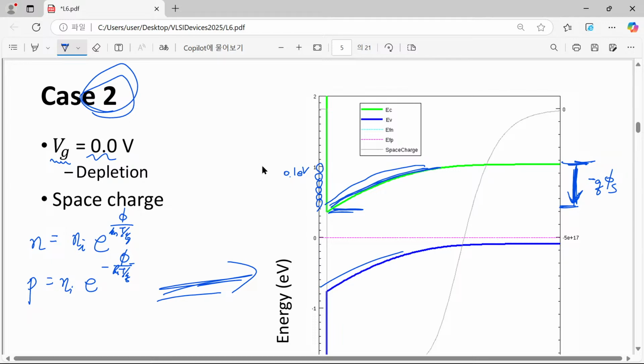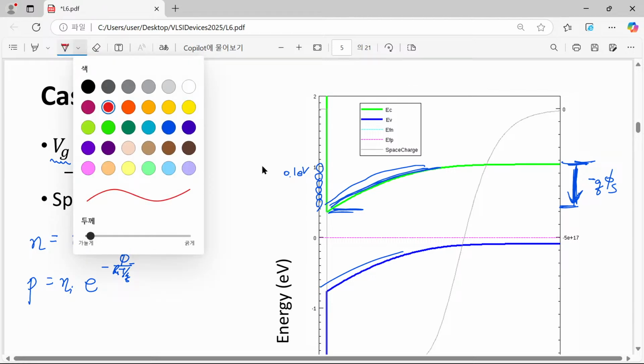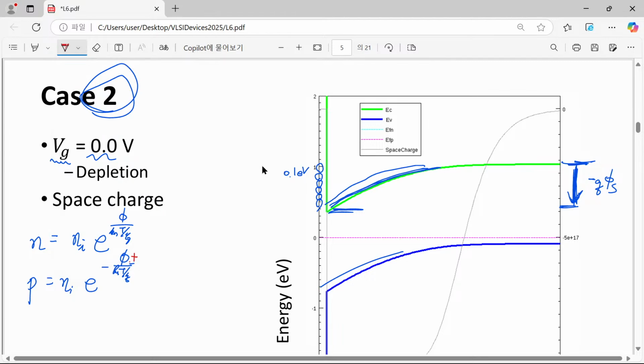So when you introduce additional voltage into your system, let's say that potential is slightly deviated by an amount of delta phi, then it can be decomposed into two terms. One term is without delta phi, and the other is exponential delta phi over kBT over q. And you can see that the same can happen with exponential minus delta phi over kBT over q.